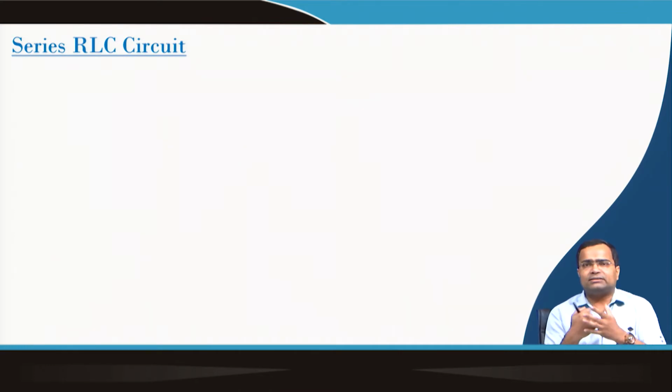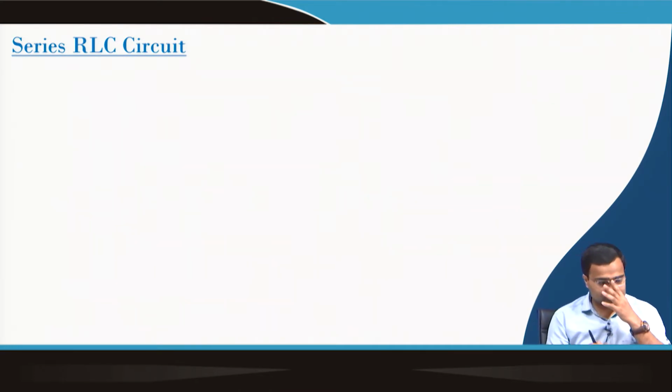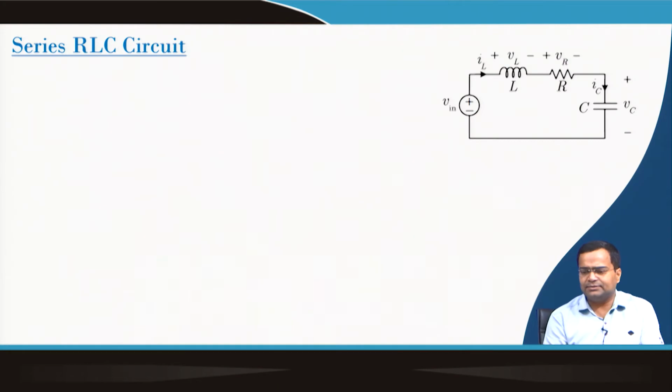Now, going for the series RLC circuit. In the series RLC circuit, the inductor, resistance and capacitor are all connected in series. We can take output either across the capacitor or across the resistance, but this RLC circuit is in a series combination and it is supplied by a source V in.